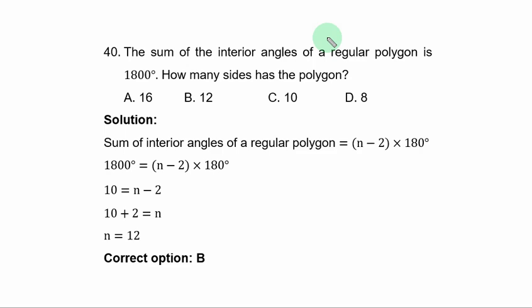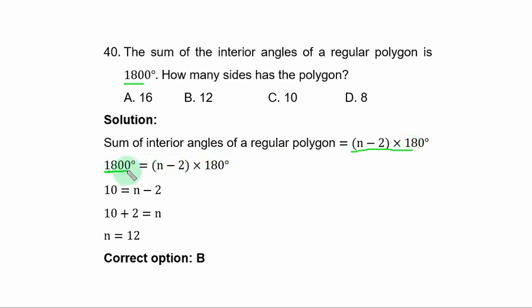Question 40. The sum of the interior angles of a regular polygon is 1800 degrees. How many sides has the polygon? Find n, that is the meaning. Sum of interior angles of a regular polygon is obtained using this formula, and that sum is given to you as this.